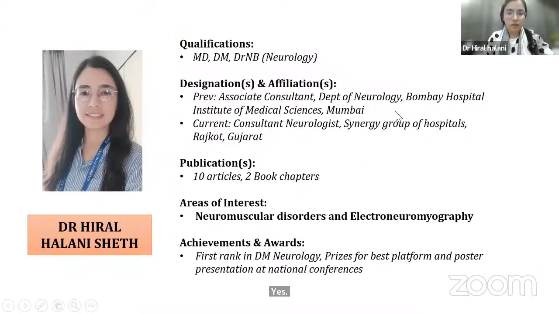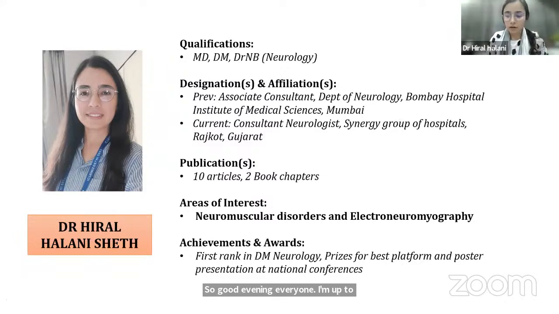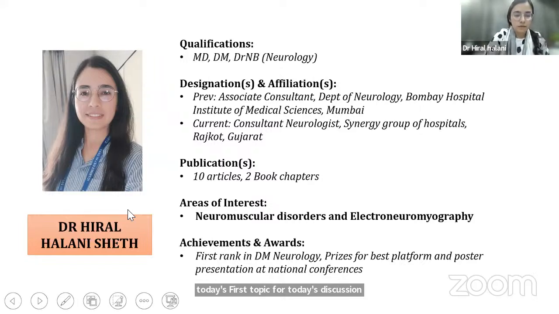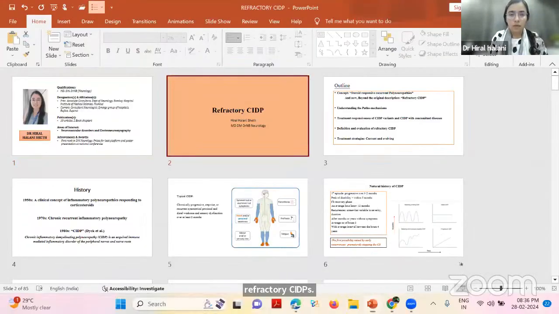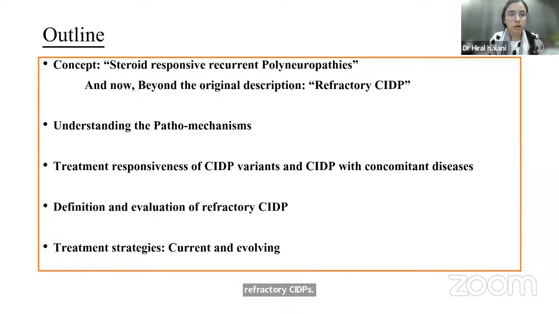Good evening, everyone. I'm Dr. Hiral Halani, and the first topic for today's discussion is refractory CIDPs. The outline for today's talk is first the concept of refractory CIDPs, the definitions, their prevalence, and when we call it refractory.